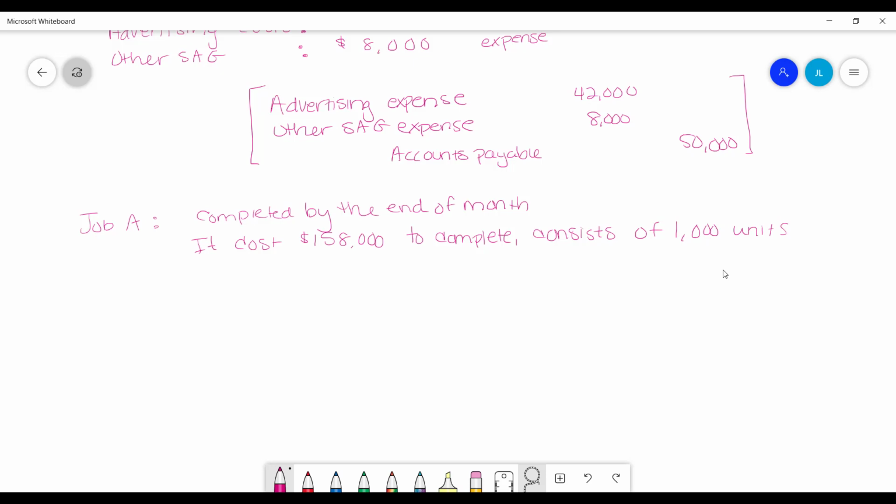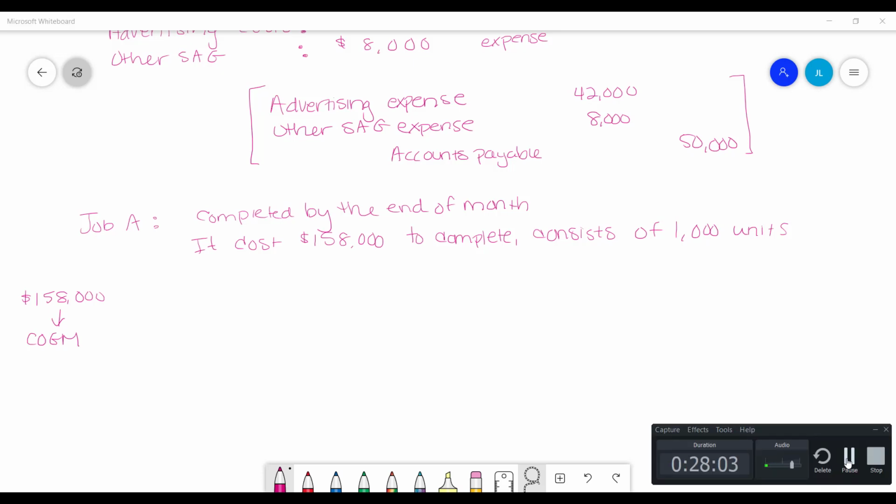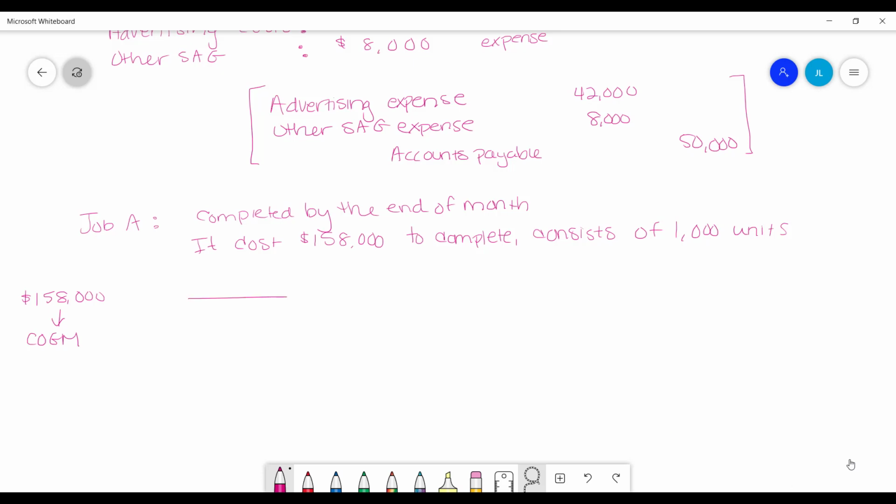So this $158,000, remember that's what it cost us to finish a job. That's your cost of goods manufactured, because that's the cost of manufacturing the job. So at this moment in time, that $158,000 is sitting in work in process, but we've now spent the last dollar in the amount of $158,000 to get that job complete.